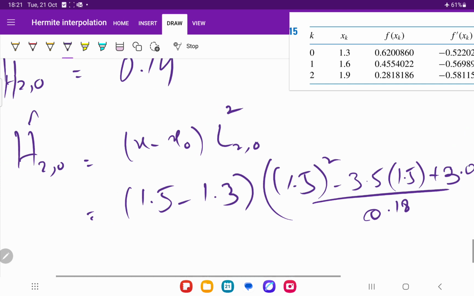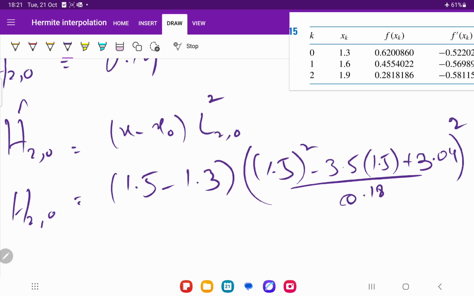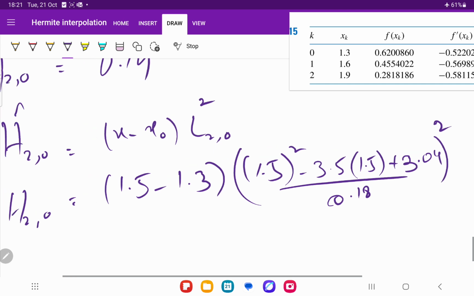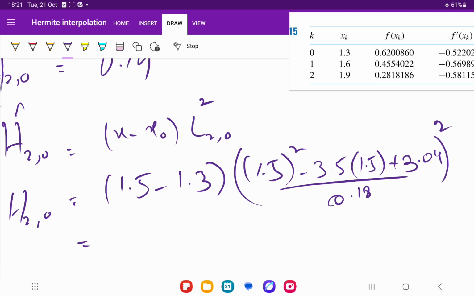What is the final answer for this one? 0.009, 968. Okay, so we just need to test this H hat if it is fine.